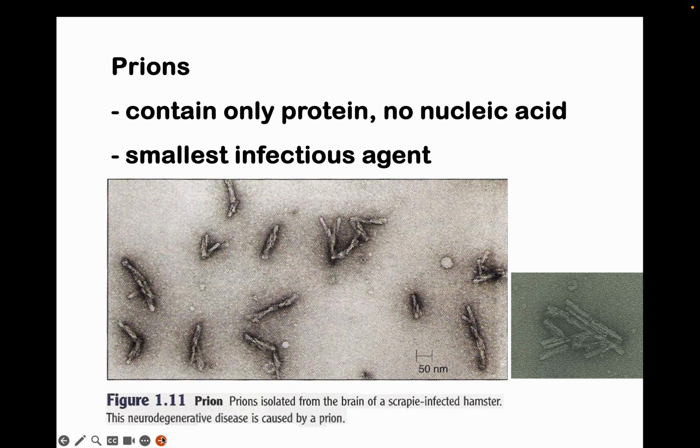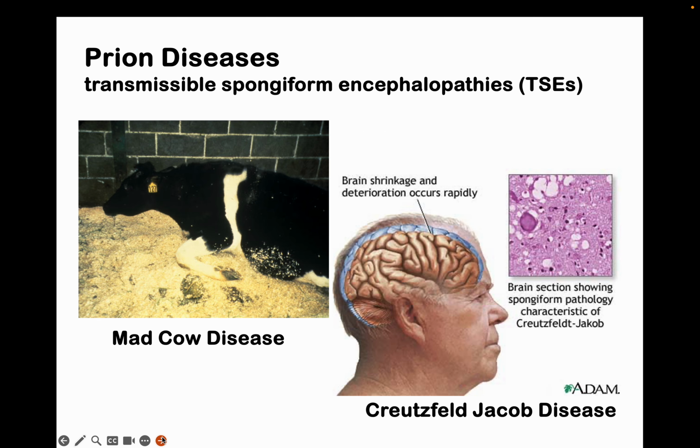Examples of infections caused by prions include mad cow disease and CJD, Creutzfeldt-Jakob disease.